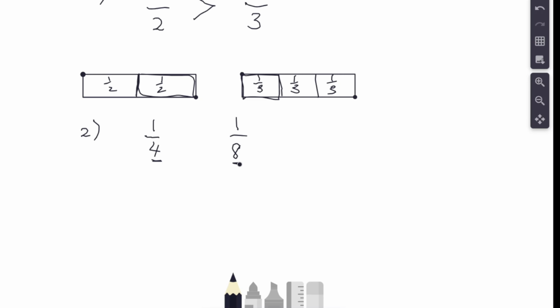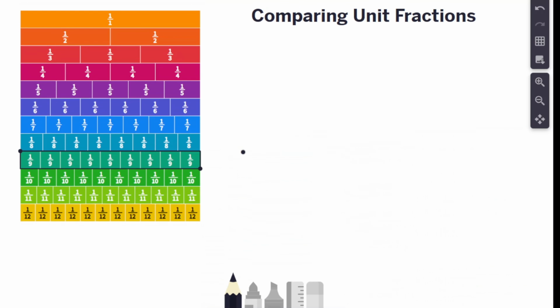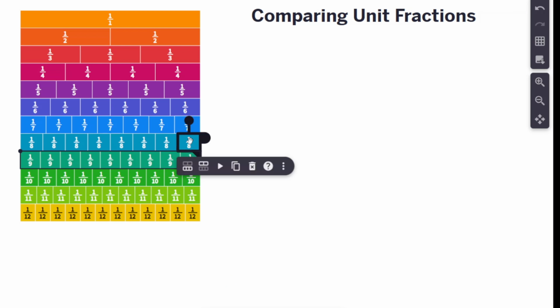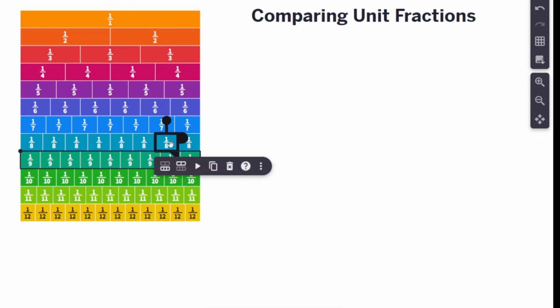Remember, imagine the more you cut, the bigger or the smaller the pieces are. 1/8 should be smaller than a quarter because an eighth comes from a whole that's cut into more equal pieces, as we can see from this fraction wall up here. Each eighth is smaller than a quarter because 8 is cut from a whole that has more smaller pieces.